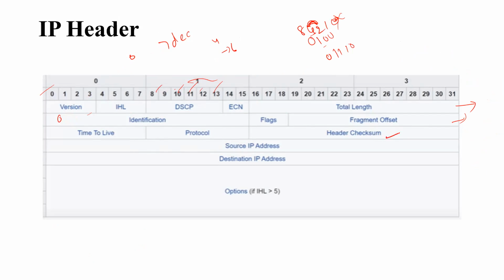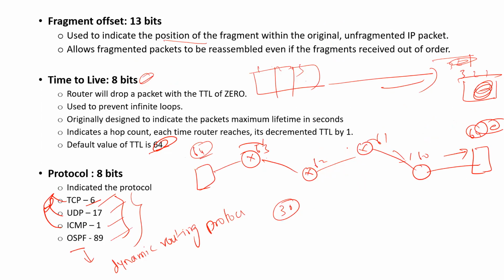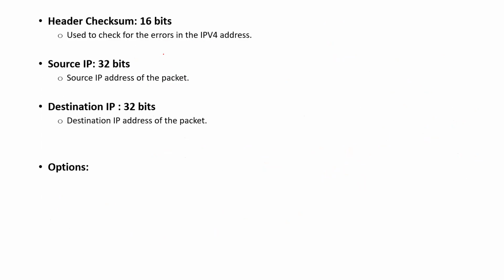Next one is header checksum. What this header checksum does is make sure there are no errors in the header side, that's it. Checksum is used to check if any errors are there in the IPv4 headers. That is the functionality of checksum.